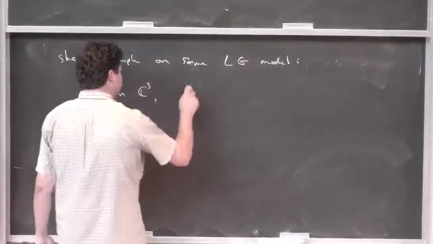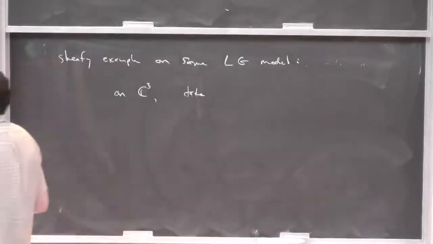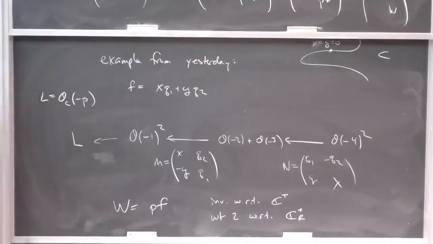On C3, we said that this was, how can I do it? What's the smart way to do it? Here we had the minimal resolution of some line bundle L. So L was O_C(-P), the ideal sheaf of P, because that's how we got this minimal complex.